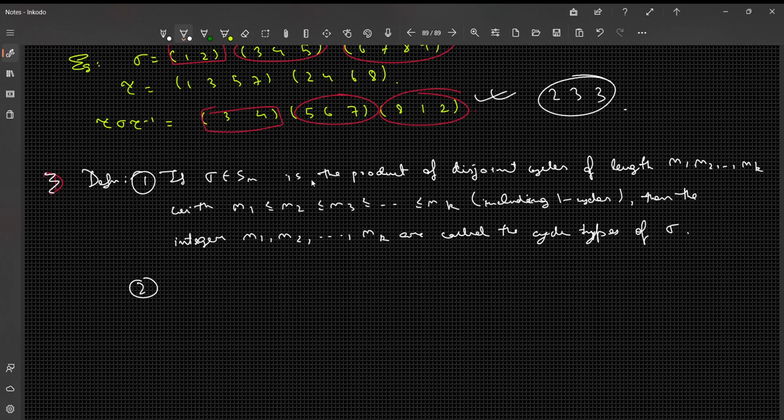So, furthermore, if n is a positive integer, then a partition of n is any non-decreasing sequence of positive integers whose sum is n.